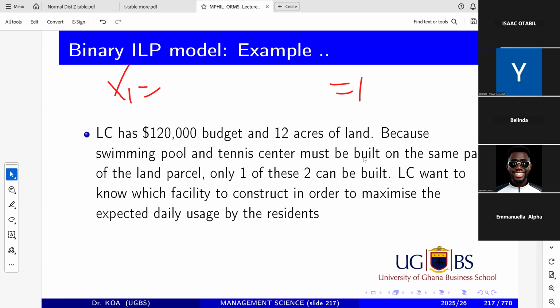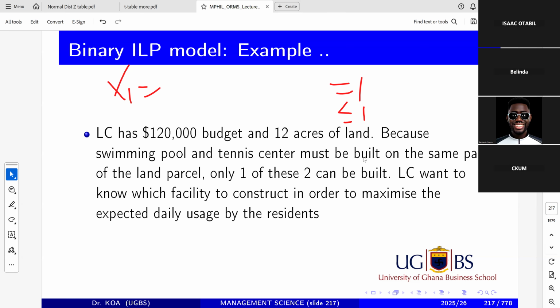It's less than or equal to 1. Why? Because it's either we are building or not. So if it's less than 1, it's 0. The maximum part is 1. Which is the maximum part? The equal to 1. Very good.